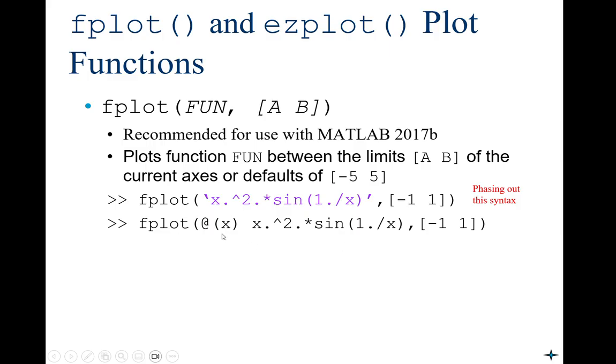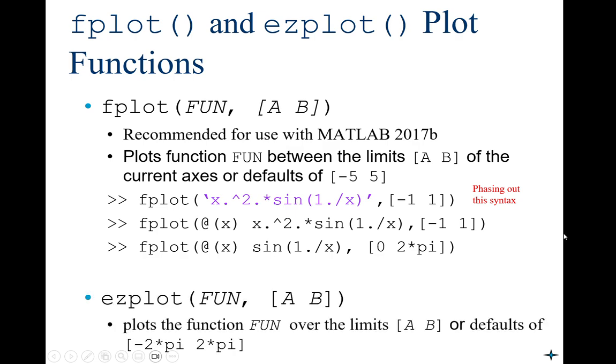So in this example, we say @x, meaning that this function has a single independent variable. We type the expression of the equation itself, which is x squared times sine of 1 over x, and we want to plot it between -1 and 1. Another option, going from 0 to 2 pi for sine of 1 over x. Or there's the ezplot function.